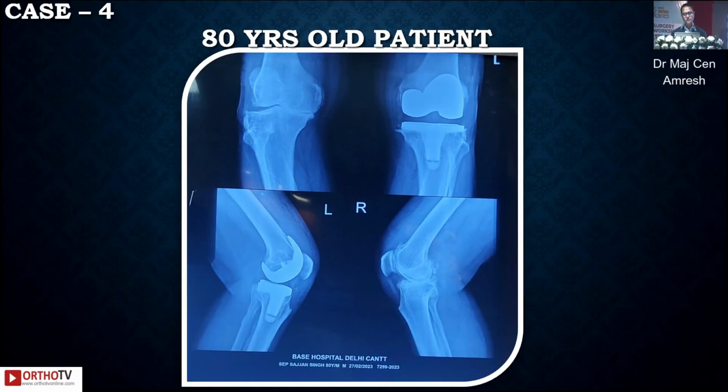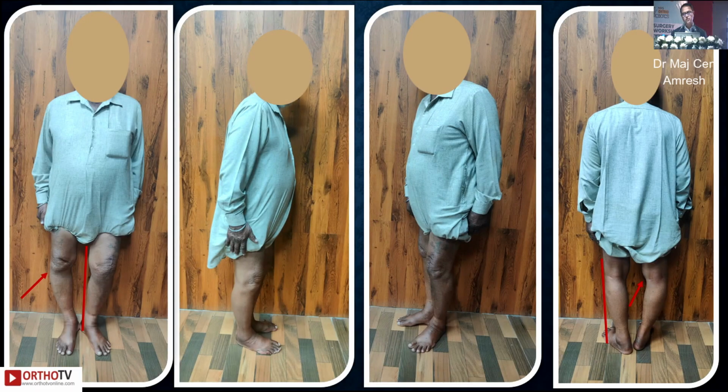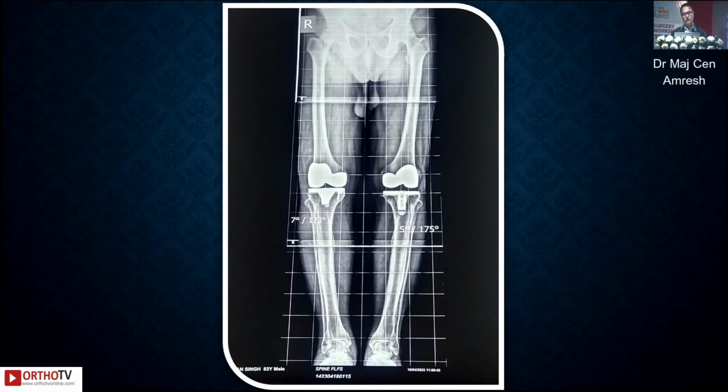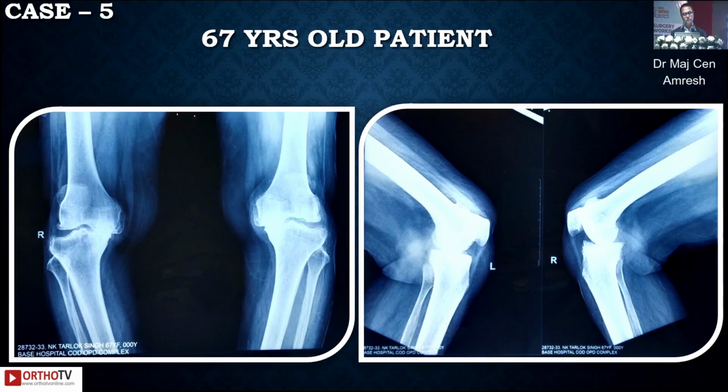Yet another case. Again, advanced osteoarthritis managed with a total knee replacement. No wedges, no augments, a stem not required, and no use of constraint liners. Undergoes the knee replacement on the opposite side, and both sides varus corrected, independent ambulator, and has regained a reasonably good range of movement.